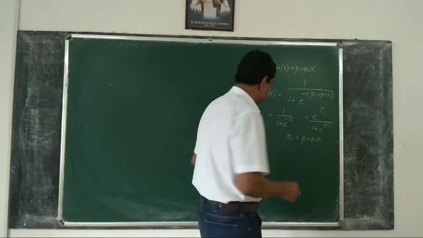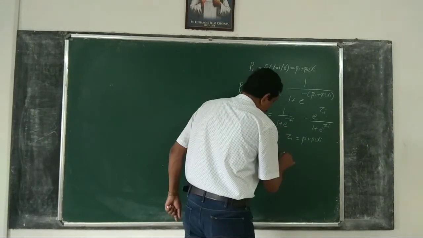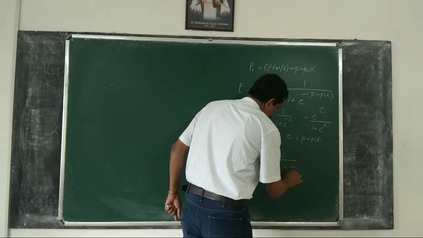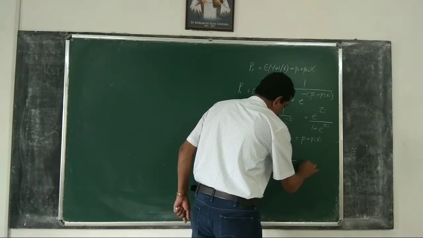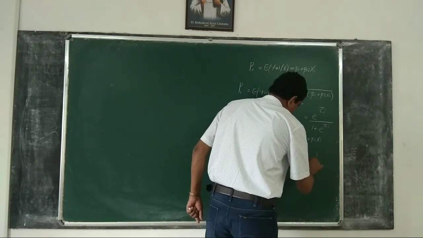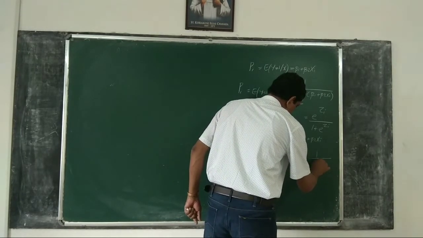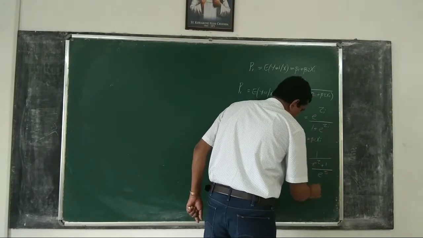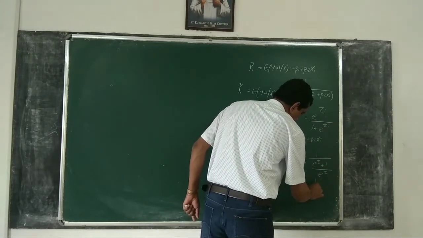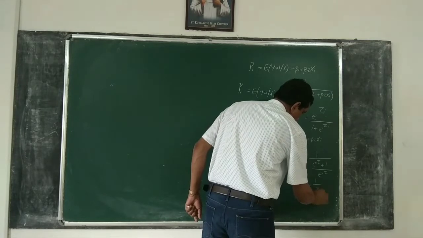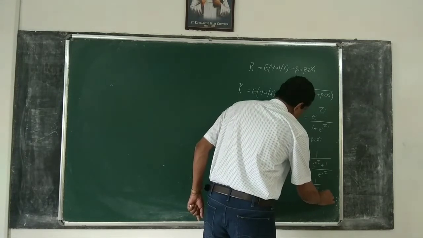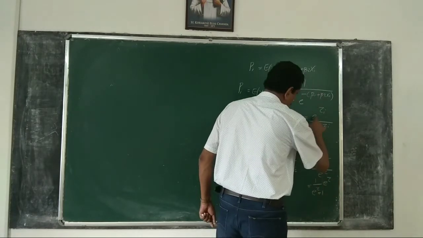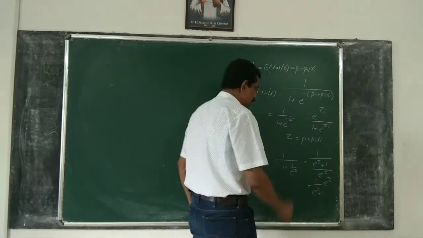This is because this can be written as 1 by 1 plus 1 by e raised to z, which is equal to 1 by (e raised to z plus 1) into e raised to z, that is e raised to z by 1 plus e raised to z.